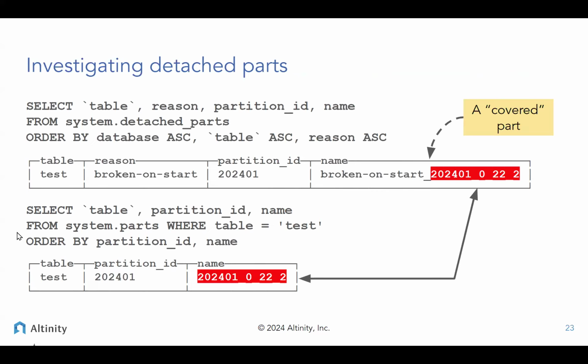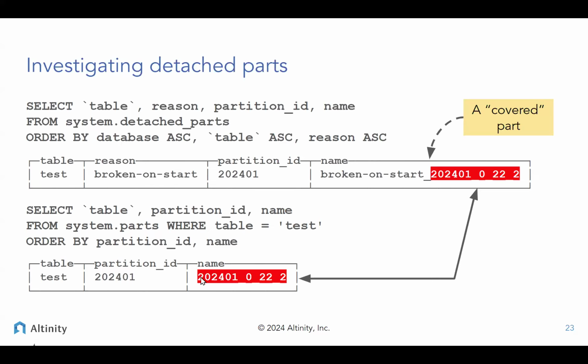Then you can compare it, for example, with system.parts, which is the list of your live parts that are healthy and attached. In this particular case, I ran a couple queries and I'm able to see that this broken on start part is actually that same part. It gets renamed on the restart. You can see the same name down in a live part, and in fact, that's exactly the same part.